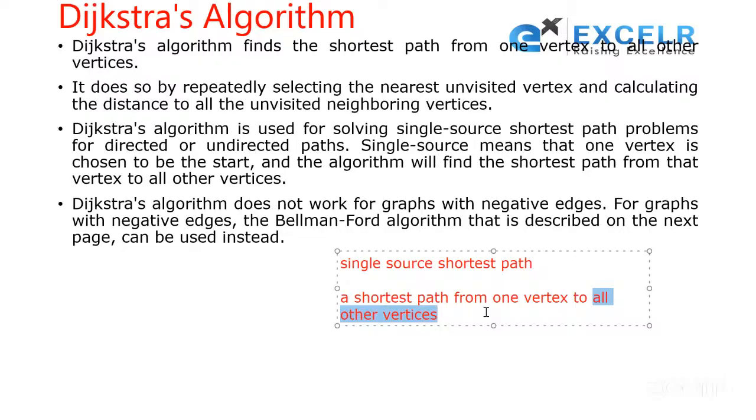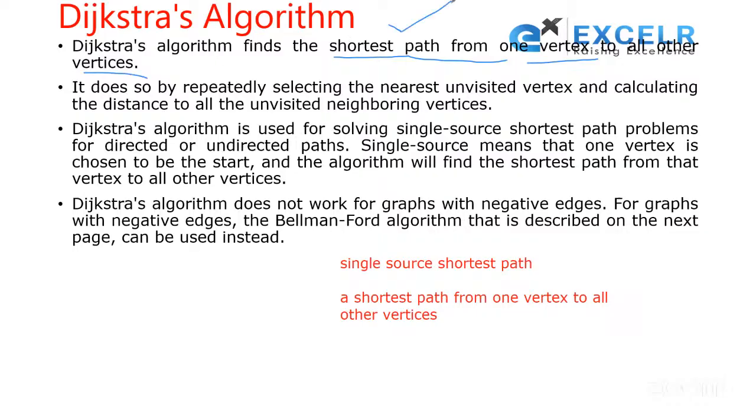So we have other algorithms. When it is single source shortest path, we make use of Dijkstra's algorithm. Simple, right? Then, as we discussed, it is a single source shortest path algorithm from one vertex to all vertices, means finding the shortest path from one vertex to all other vertices.